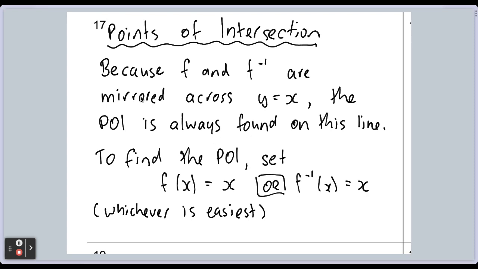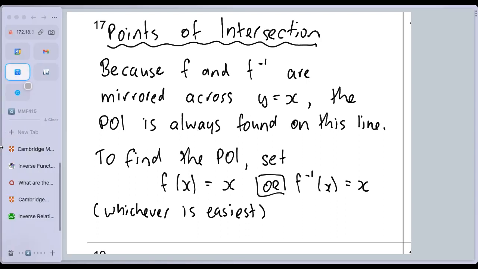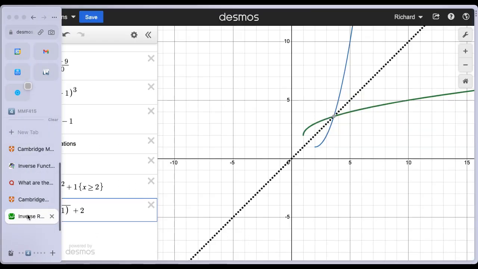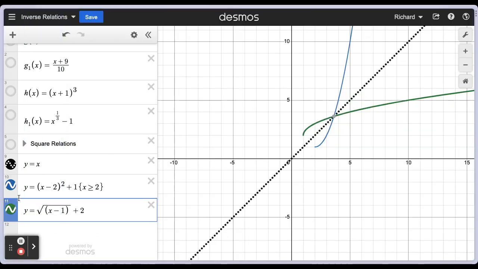Now, I'll be zooming out in a second, so you'll have more chance to write this down, but I'll just go back to here and just see it in action. You can see here the point of intersection is bang smack on the y equals x line. And if you think about it, it kind of makes sense why, I hope.